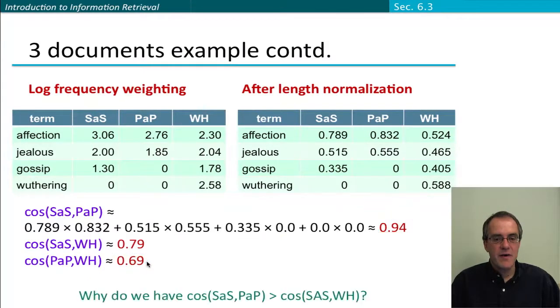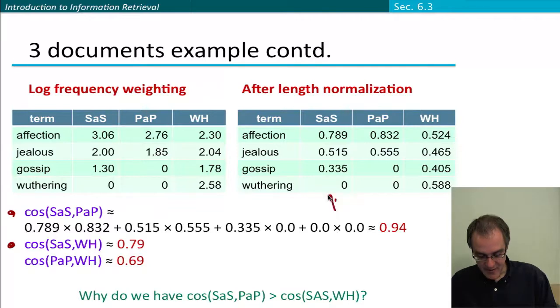The thing we might wonder is why the cosine similarity of Sense and Sensibility and Pride and Prejudice is higher than that for Sense and Sensibility and Wuthering Heights. We can try and look at that. We're comparing this one with the other two, and what we can see is that this part of the Wuthering Heights vector doesn't help at all in producing similarity with Sense and Sensibility.